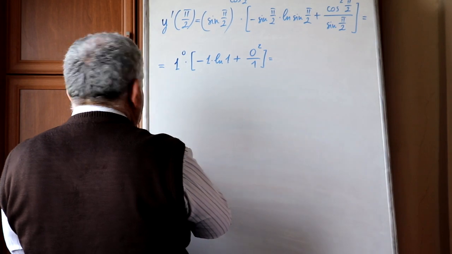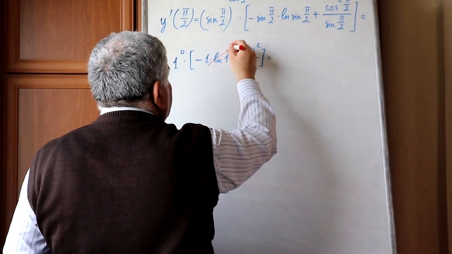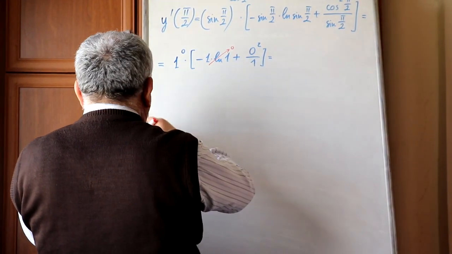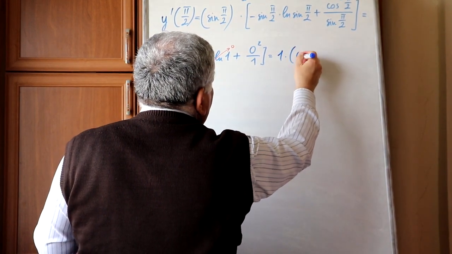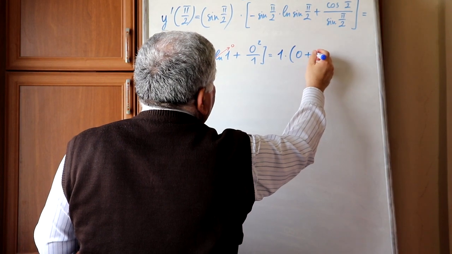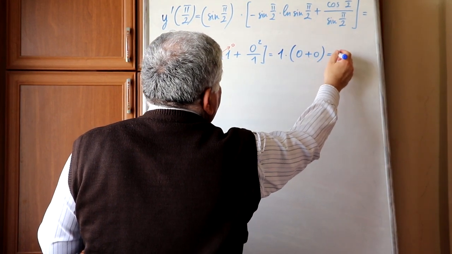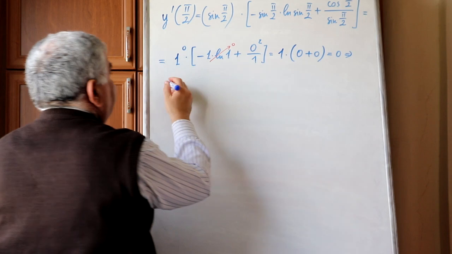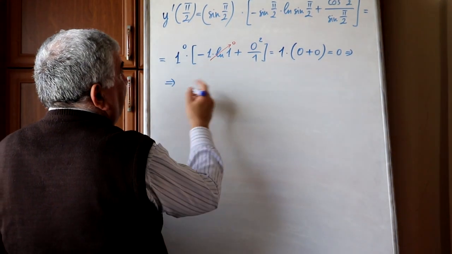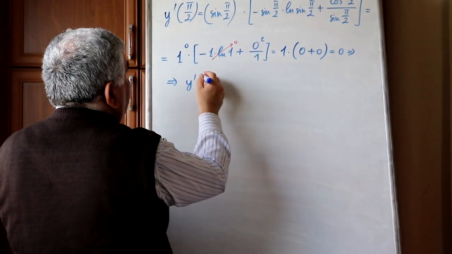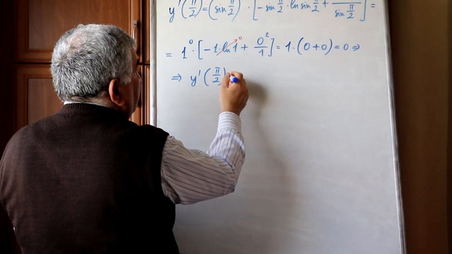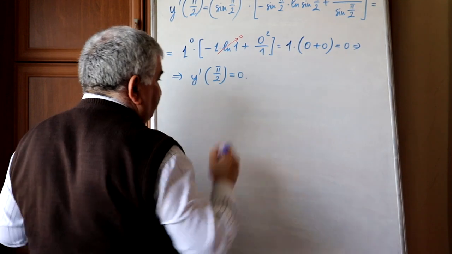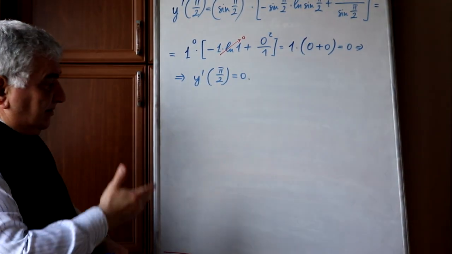Natural logarithm of 1 is 0, and 1 to the power 0 is 1, multiplied by 0 plus 0, and finally we have 0. That is, the value of the derivative at the point pi in half is 0. Y prime at pi in half is 0. Please rewrite, please.